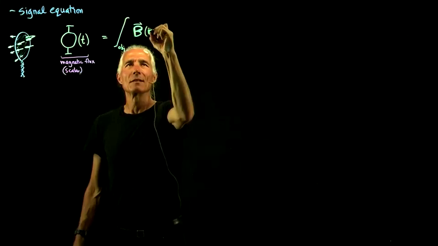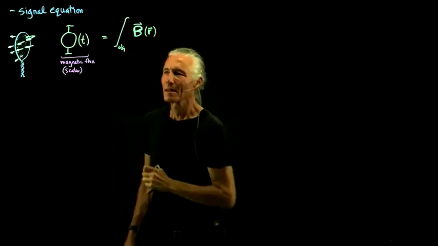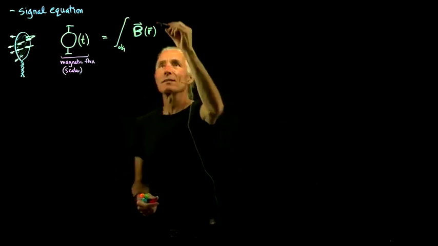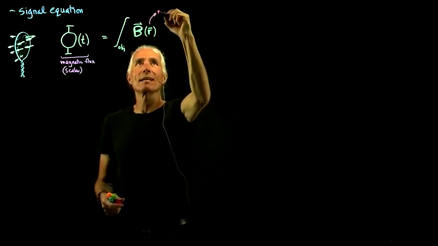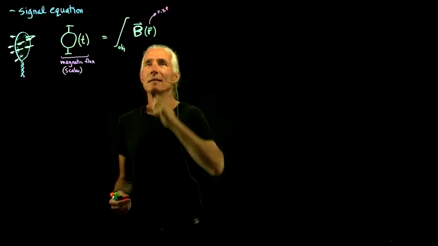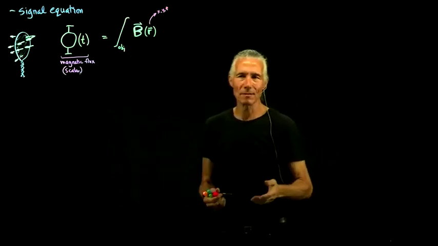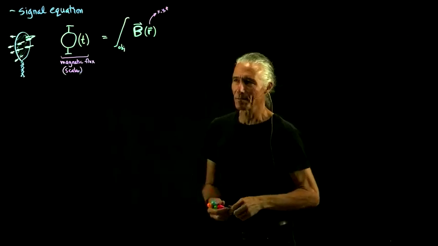What does that R mean? That R vector is just a way of writing x, y, z. So we could put B as a function of x, y, z, or we could put B as a function of R vector. So it means the same thing.